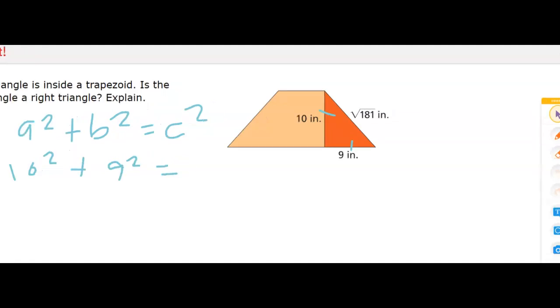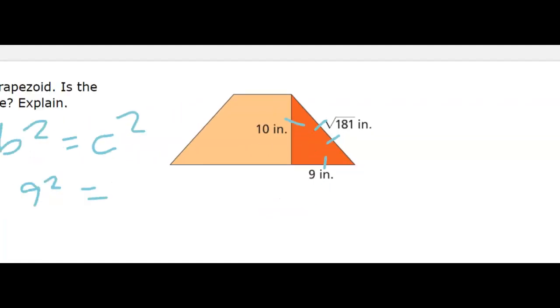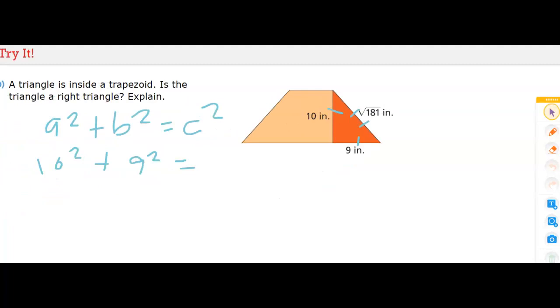And our hypotenuse is the square root of 181, and that has to be squared.